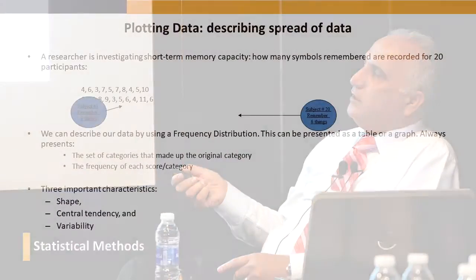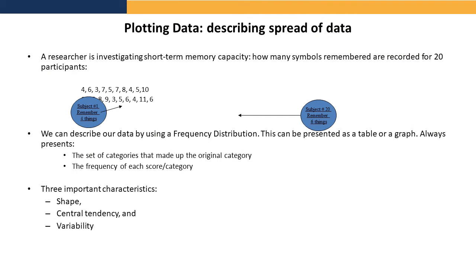The first guy remembered how many? 4. The second guy, 6, 3, 7. Guy number 20, remembered how many? 6. Okay? So how many people remember 6? 1, 2, 3, 4. Got it, guys?